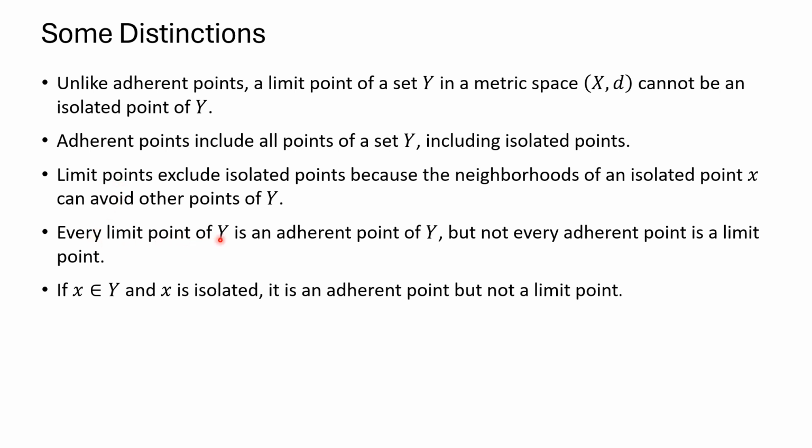Every limit point of Y is an adherent point of Y, but not every adherent point is a limit point. And just one more time, saying almost the same thing. If little x is in Y, some subset of our metric space, and x is isolated, it is an adherent point, but not a limit point.